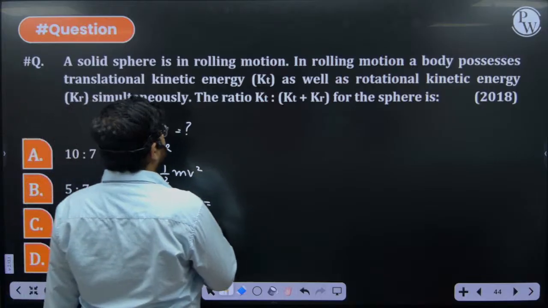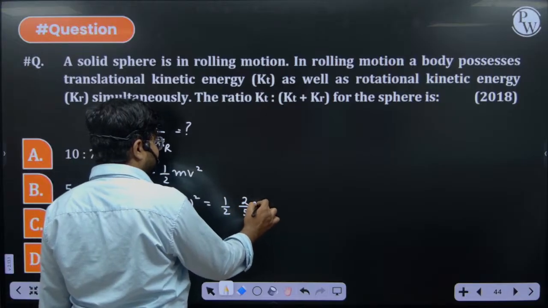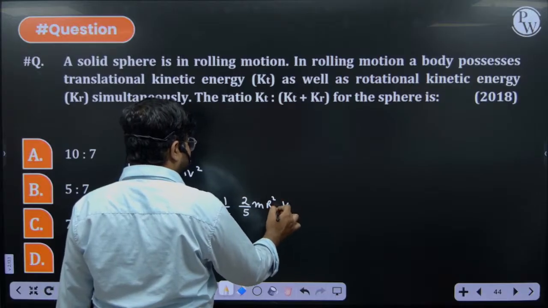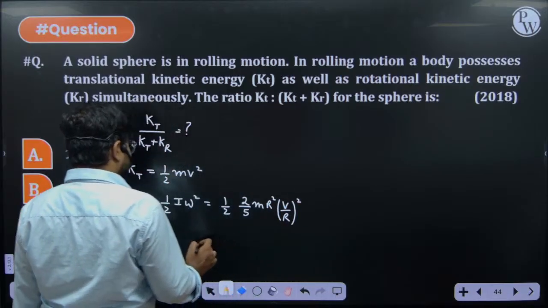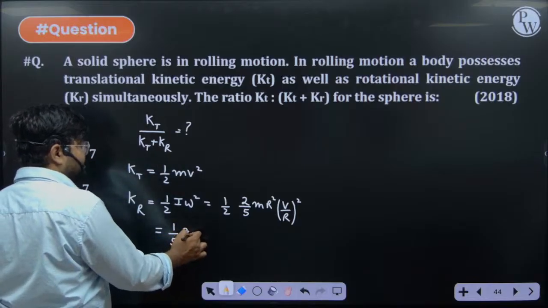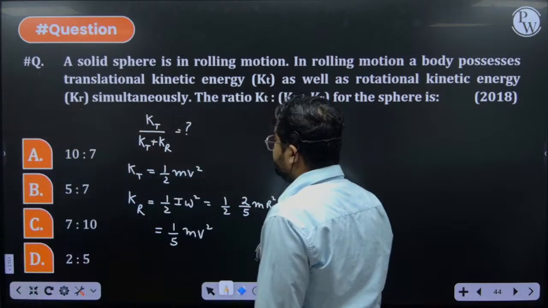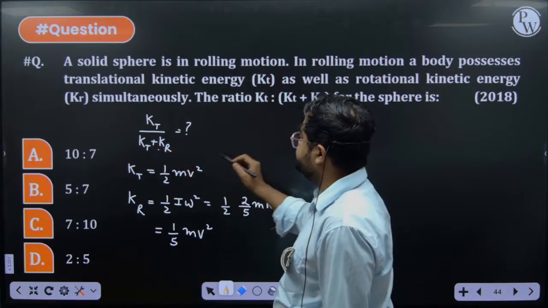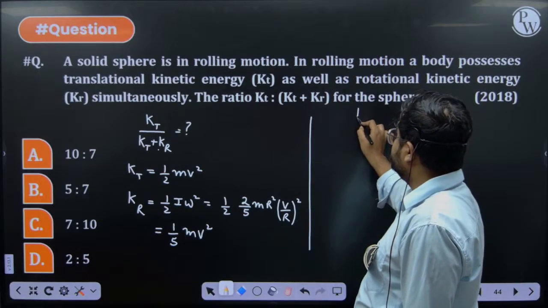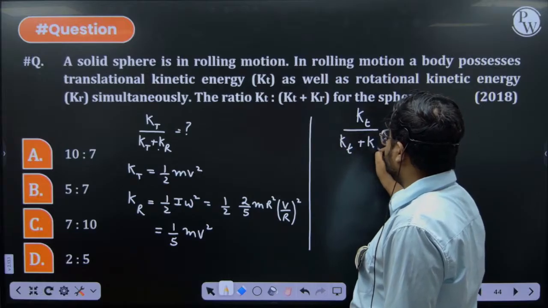Now, moment of inertia for solid sphere is 2 by 5 mr square, and omega is v by r. So rotational comes out as 1 by 5 mv square. Okay. So what is the total? So let us just put this value. Translational is, okay, kt by kt plus kr.